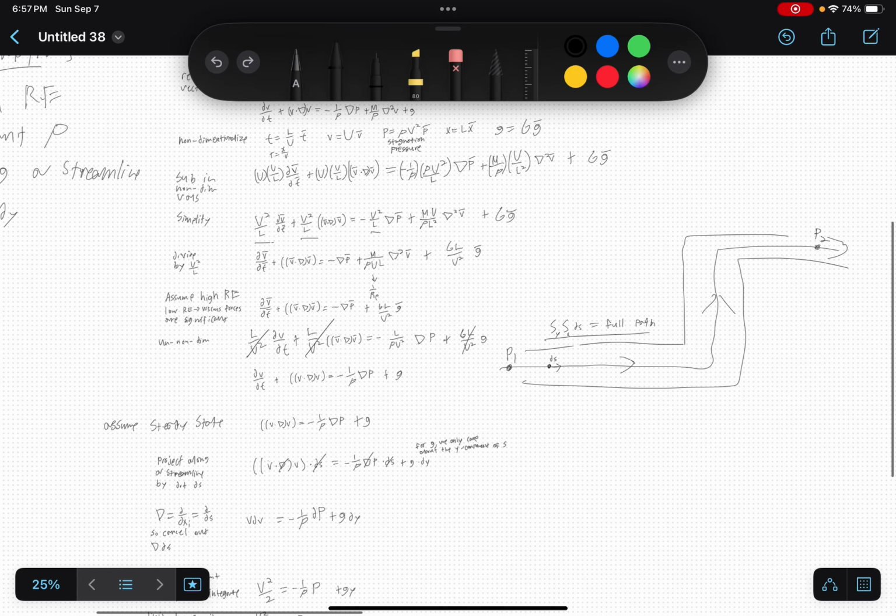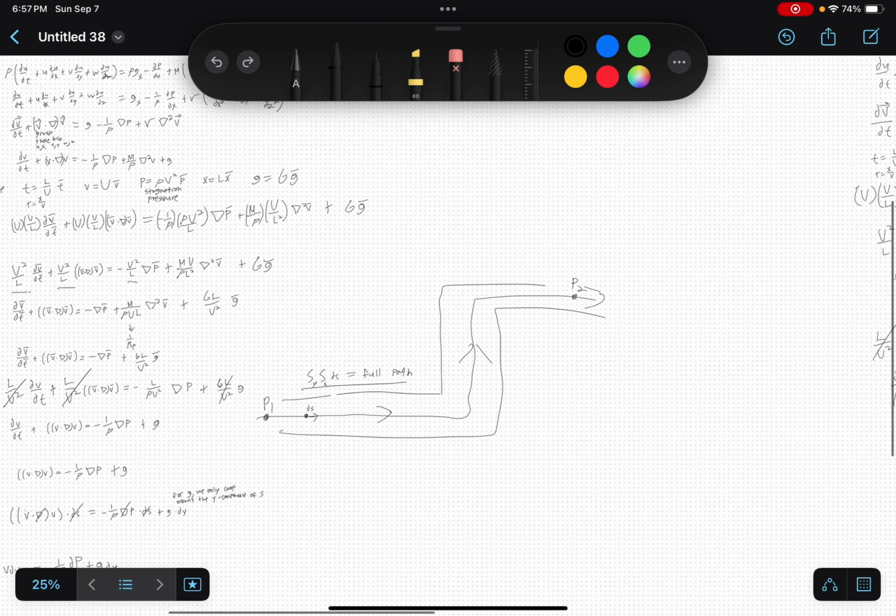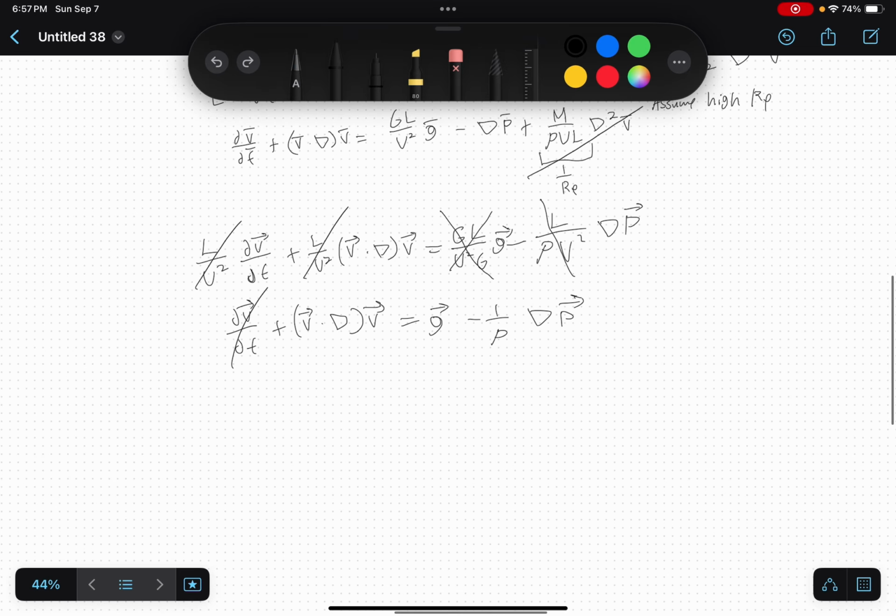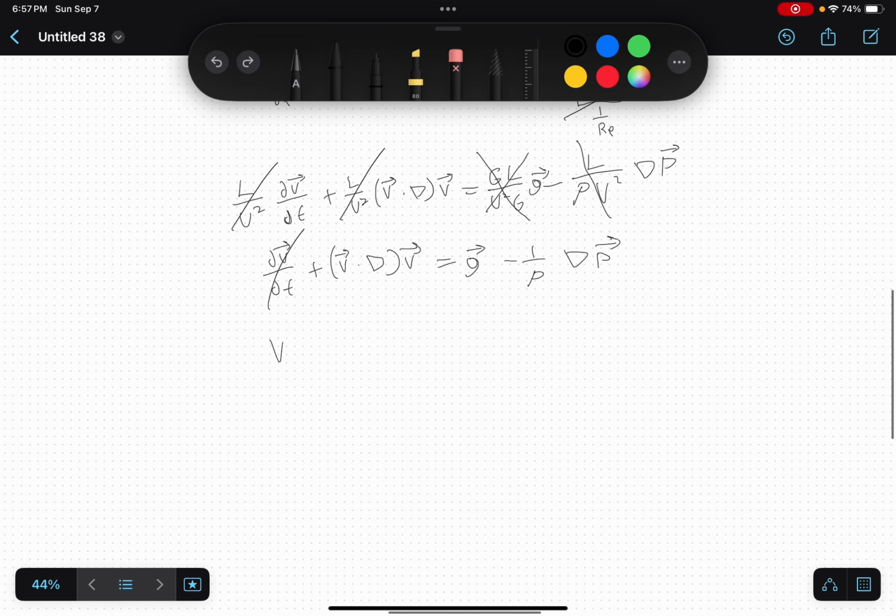So let's do that. Let's dot product all of the terms in our equation with ds.